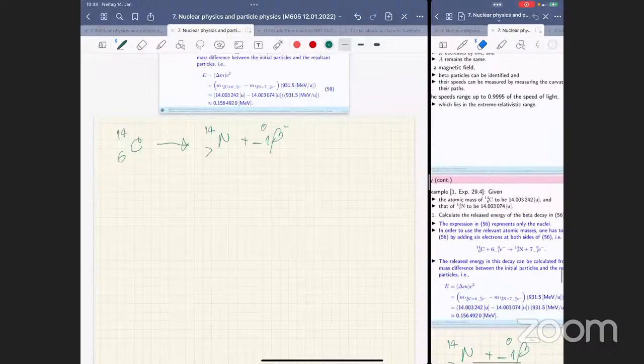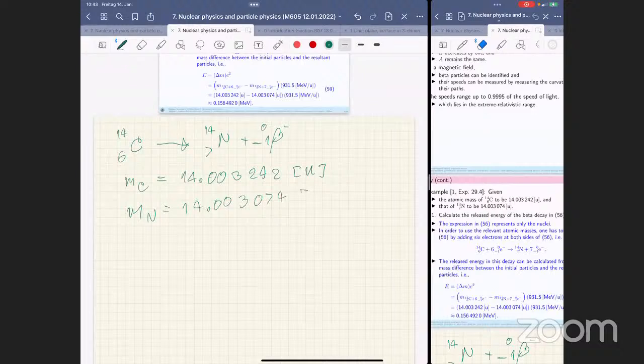And what they have provided is that the mass of the carbon here is equal to 14.003242 atomic mass units. And the mass of the nitrogen is 14.003074 atomic mass units.